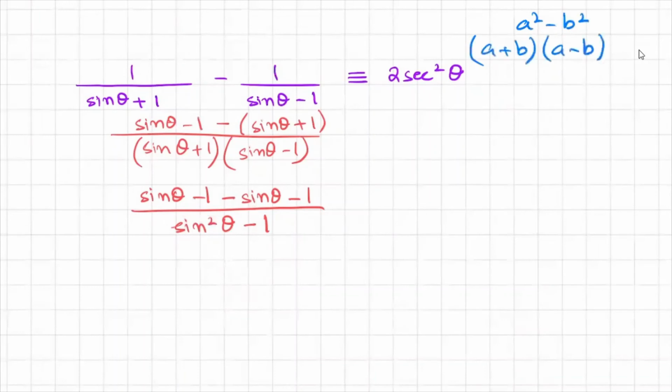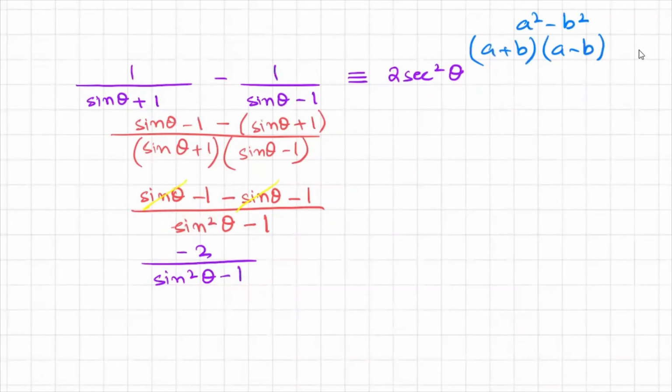I've used the third identity over here and I've written it down. So let's go back to the question. I can simply cancel out these two and I would be left with negative 2 divided by sine square theta minus 1. Sine square theta minus 1, does it click anything to you?